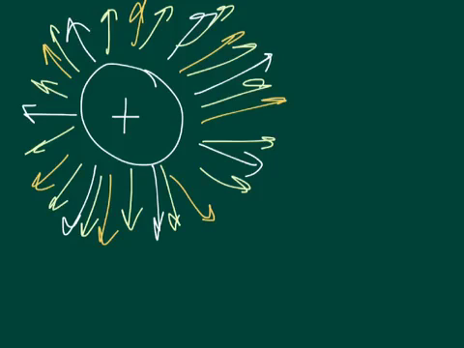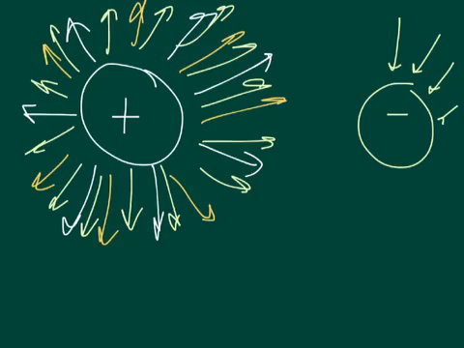Negative sources have the field lines coming toward them. So let's draw another negative one over here now, with field lines coming toward it. Now, if these two charges are close enough, the field lines connect, and that's what you saw in that example.